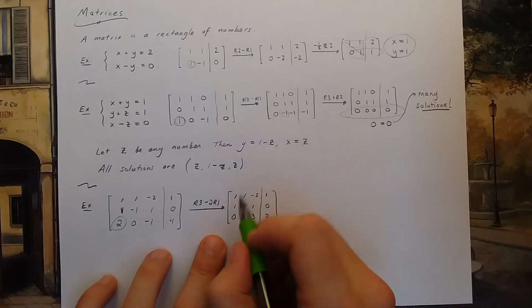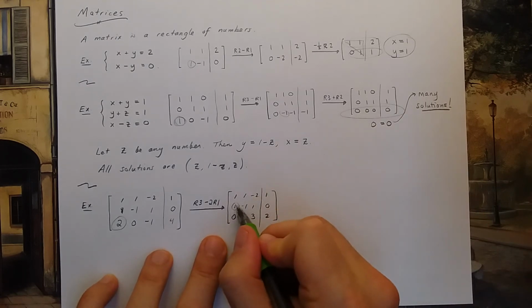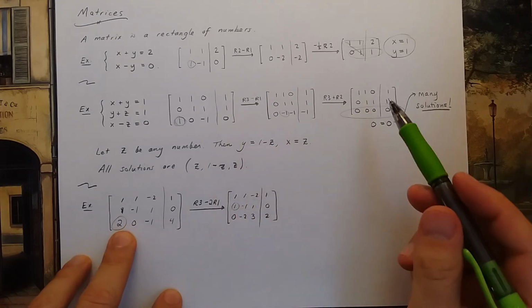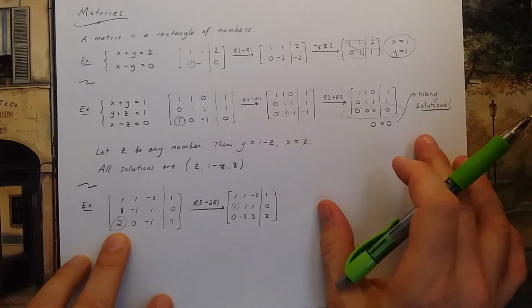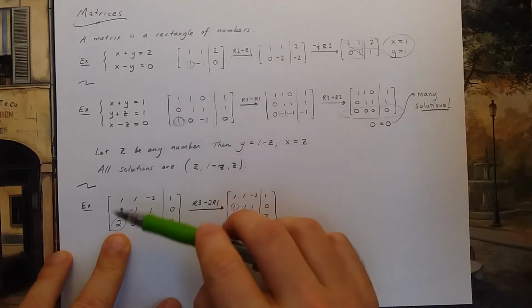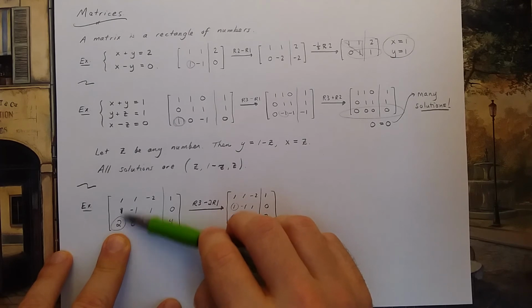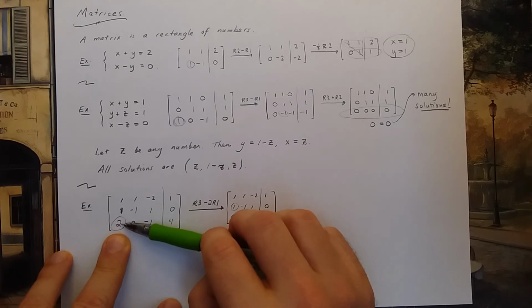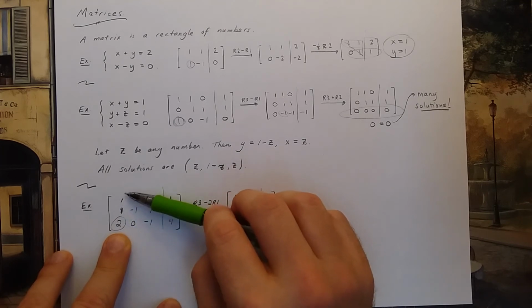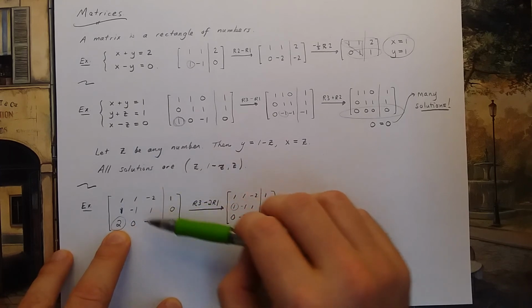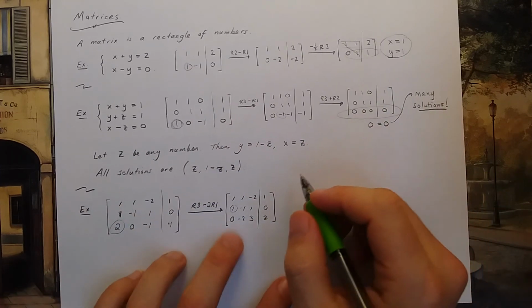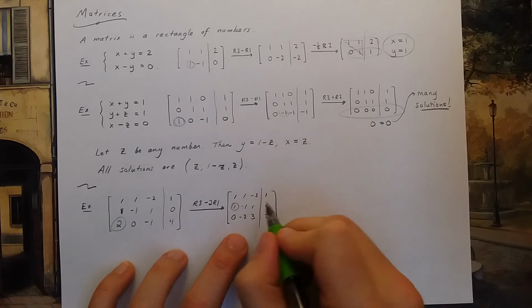I'd also like to get rid of this one. My main strategy when doing these row operations on matrices is to start in this bottom entry of the first row and work my way up, putting zeros underneath this first one and then moving to the second row and repeating. So I'm going to aim to make that 1 a 0.